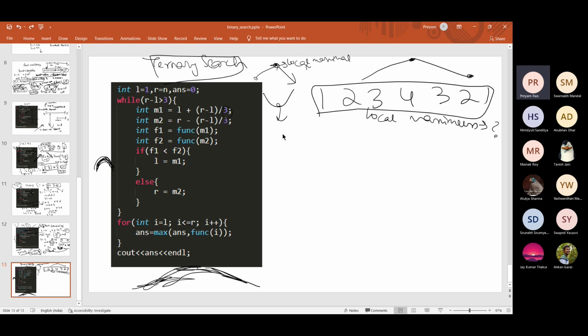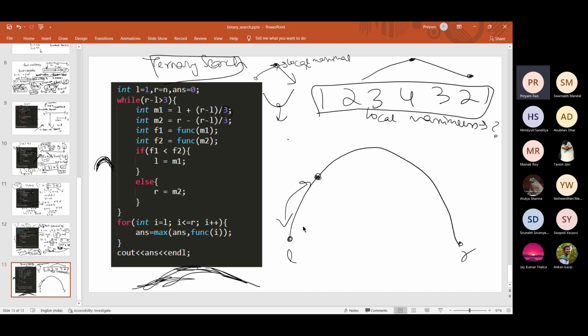Okay, now how does this work exactly? Let's say this is the L value, this is the R value. In binary search, we would have looked at the middle value. In ternary search, we look at values which are at a distance of 1/3.